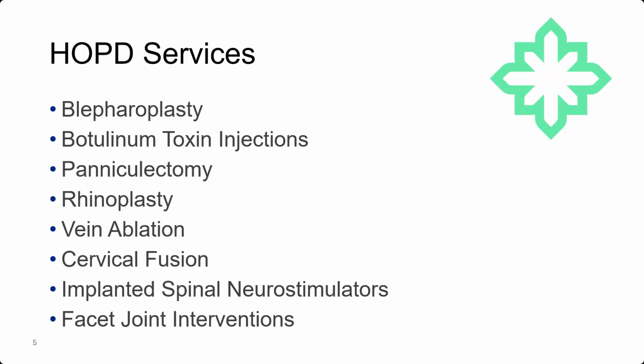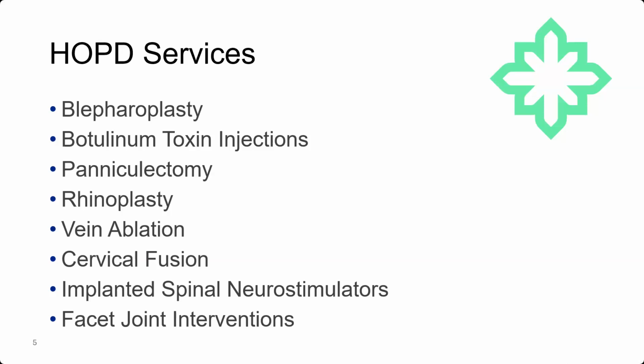And it's only for the types of services that you see listed here: blepharoplasty, botulinum toxin injections, paniculectomy, I knew I was going to stumble on that one, rhinoplasty, vein ablation, cervical fusion, implanted spinal neurotransmitters, and facet joint interventions.